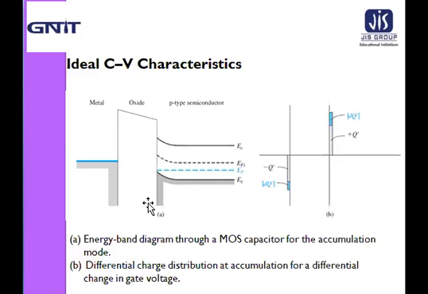Now, a small differential change in voltage across the MOS structure will cause a differential change in charge on the metal gate, and also in the hole accumulation charge, which is shown in this figure.